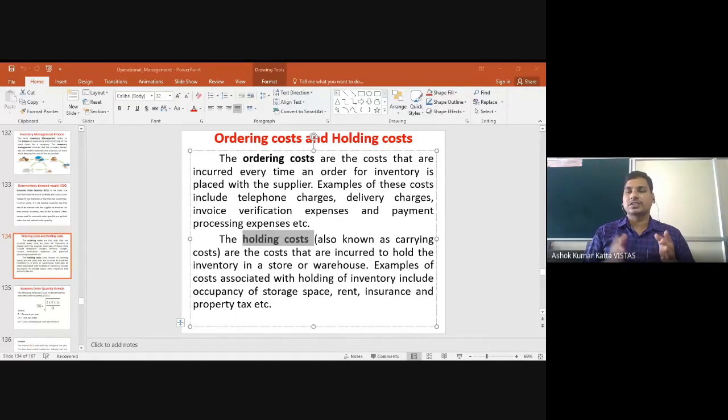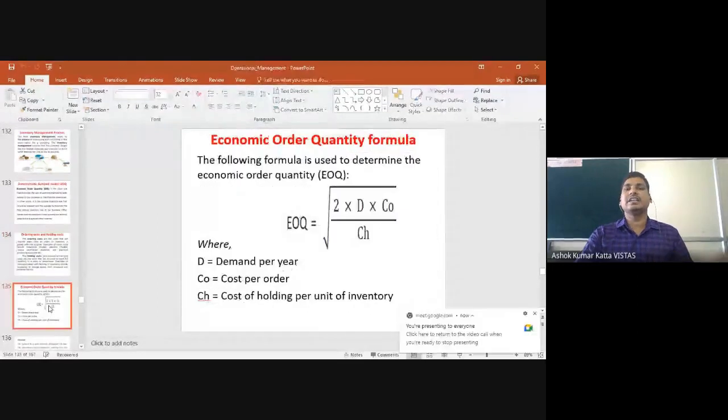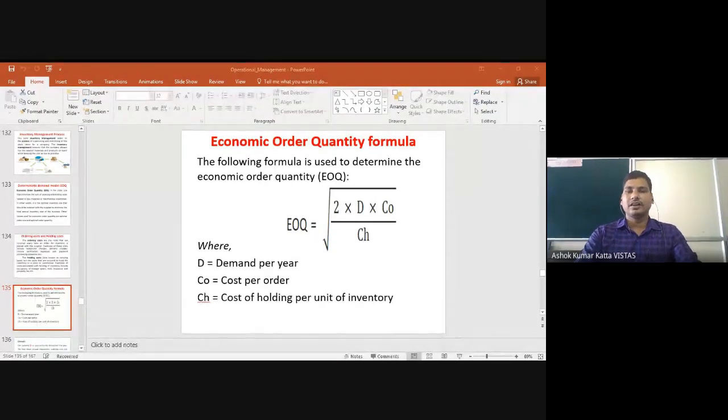So before you start to use the product, you will have ordering cost as well as holding cost. Now, once you know about ordering cost and holding cost, next we are talking about the formula. This is a very simple formula which shows how you will calculate economic order quantity. Every time I am saying the formula, but I am not telling you in detail what is the secret behind this economic order quantity.